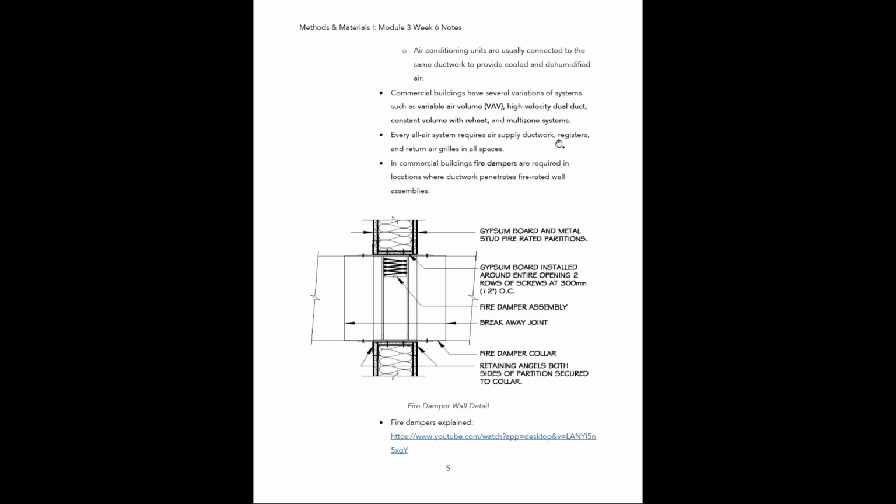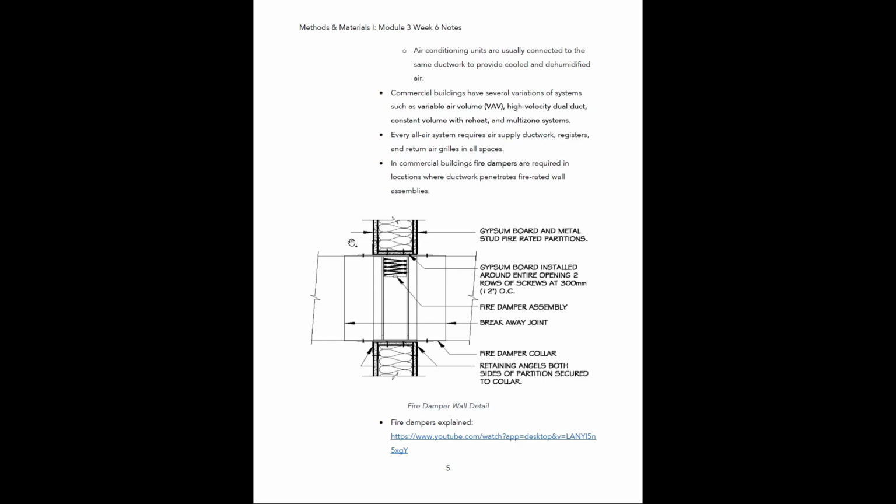Every all-air system requires air supply ductwork, registers, and return air grills in all spaces. In commercial buildings, fire dampers are required in locations where ductwork penetrates fire-rated wall assemblies.